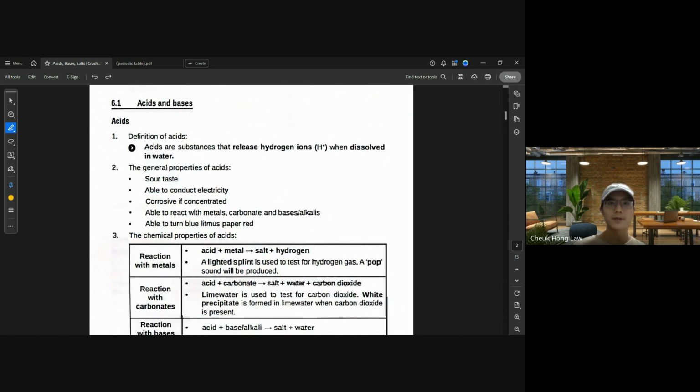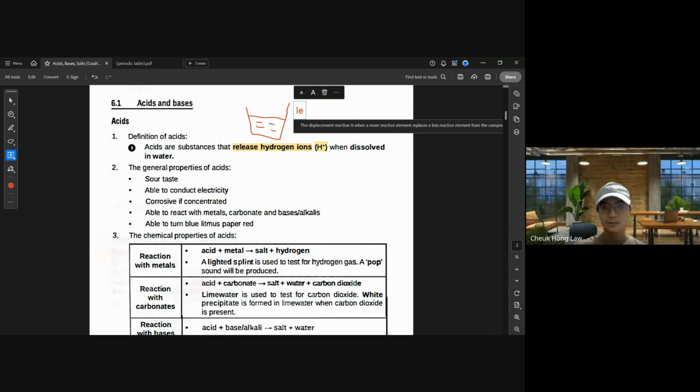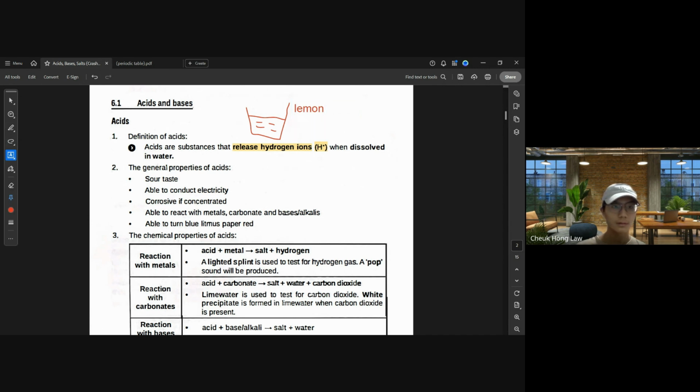So acids, definition of acids. Acids are substances that release hydrogen ions when dissolved in water. Think of it like you have a cup of water, and you add a lemon inside.